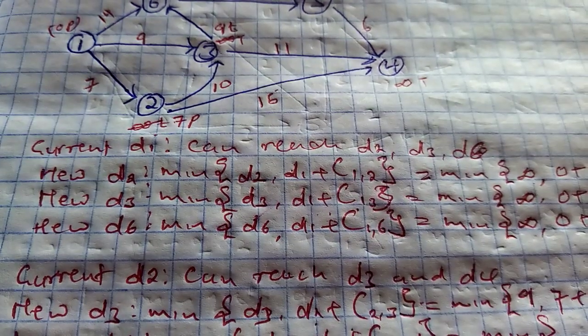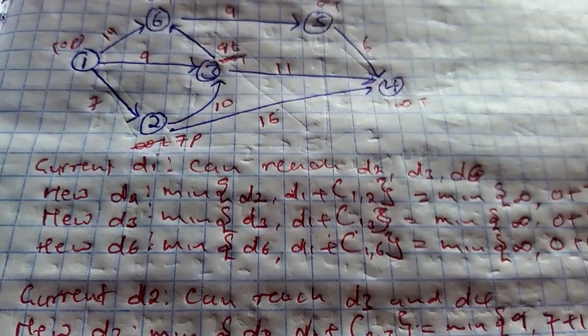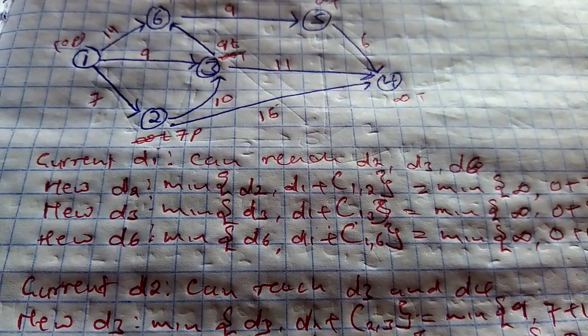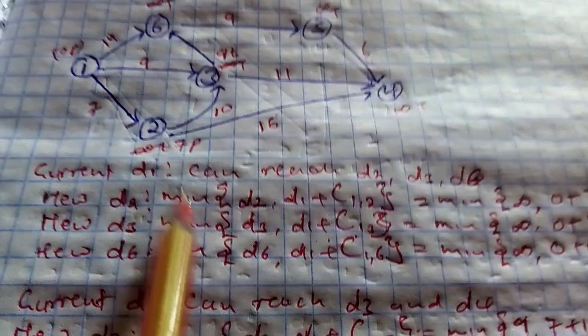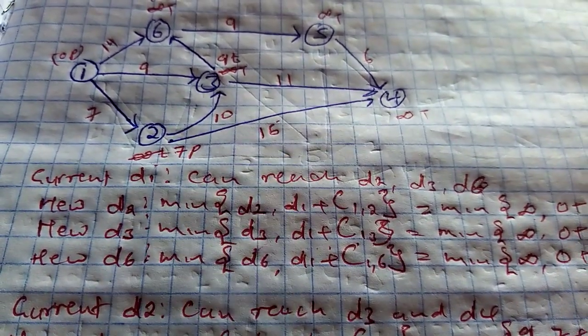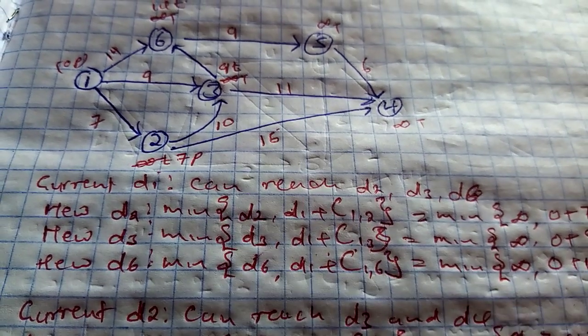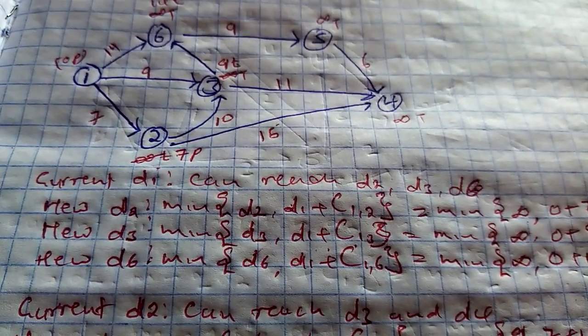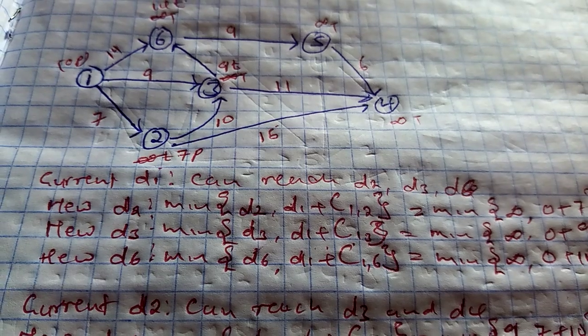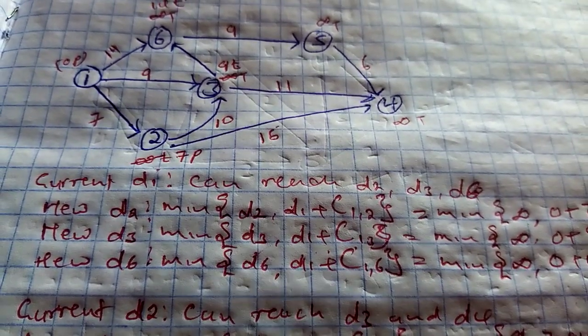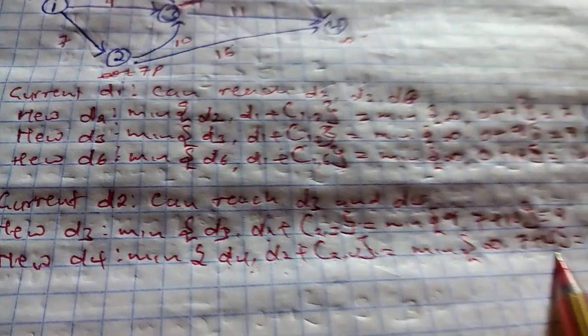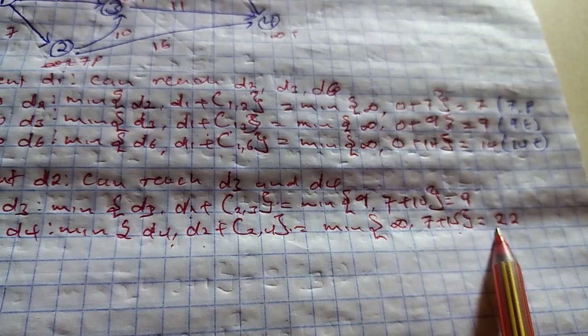D4 is infinity, and D2 is 7 plus 15. The minimum is 22, because 7 plus 15 is 22.